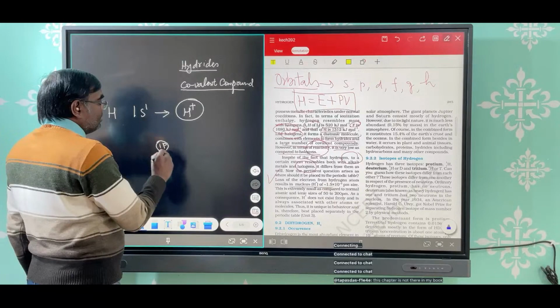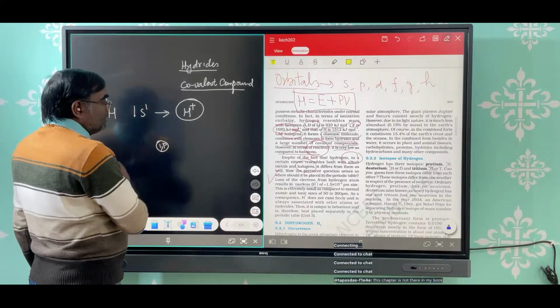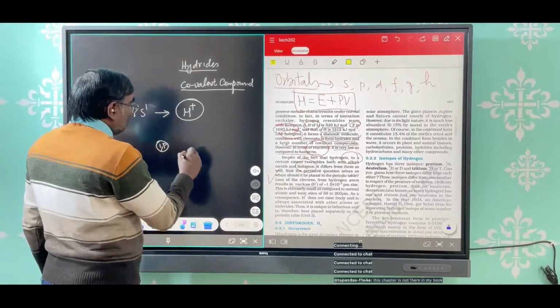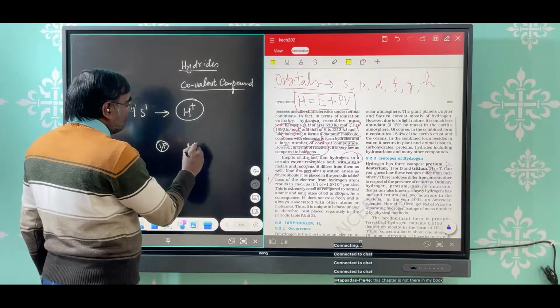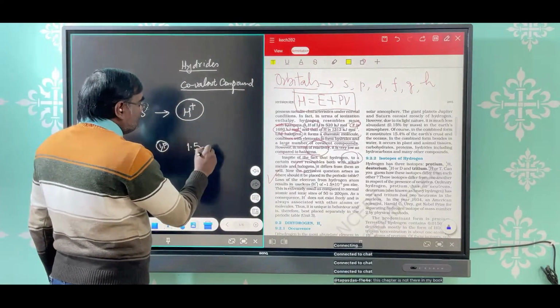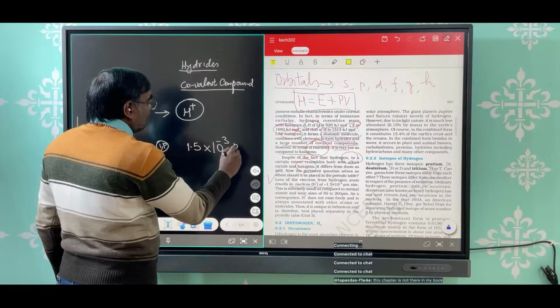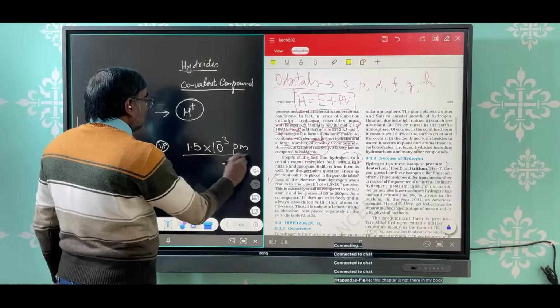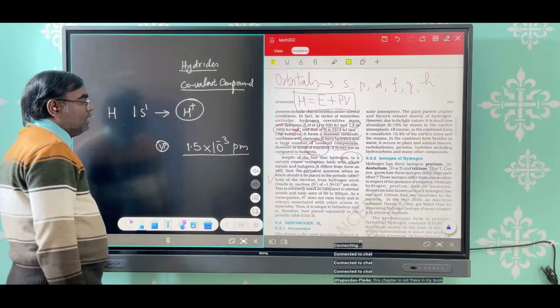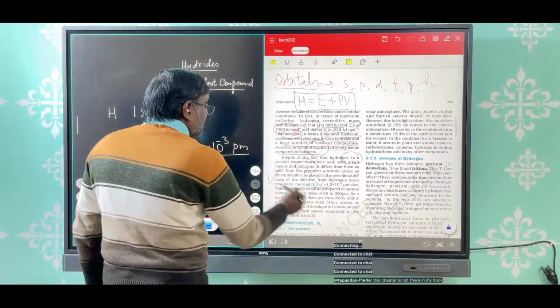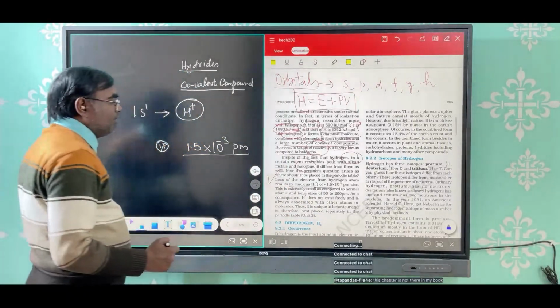One proton is left, and its size will be the size of the nucleus, 1.5 into 10 to the power minus 3 picometer, right? This is extremely small as compared to the normal atomic and ionic sizes.